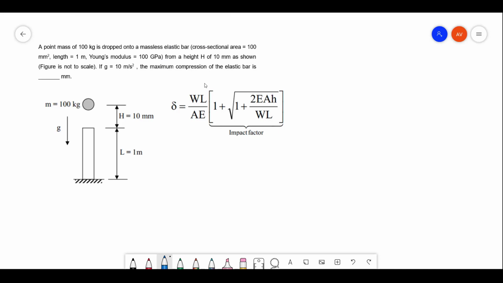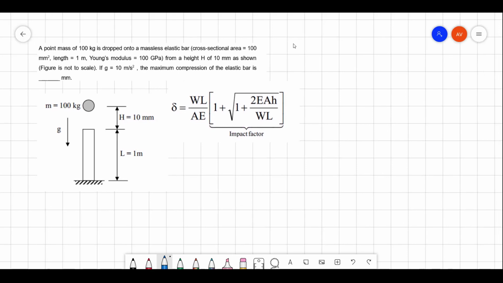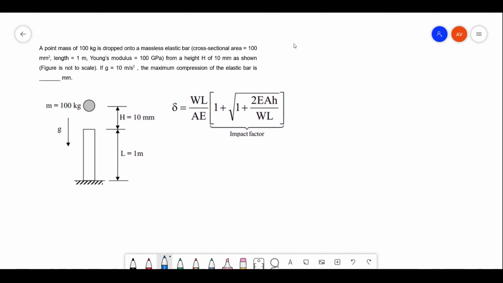Now here the weight W, everything is given. W is the weight, that is mass into gravity: 100 kg into 10, since gravity is given to be 10, which is equal to 1000 Newton.